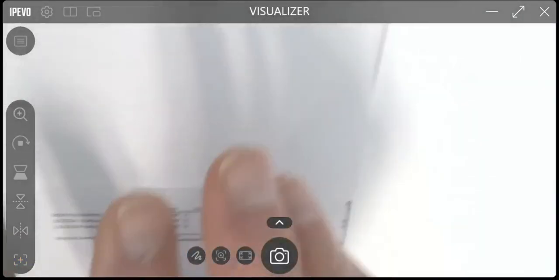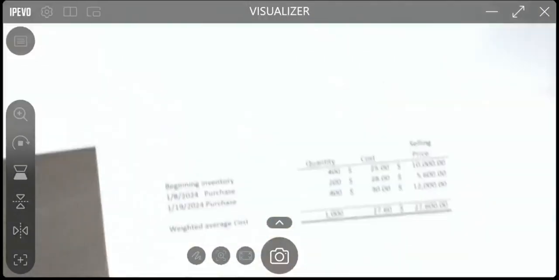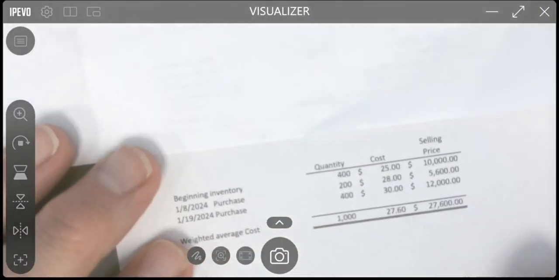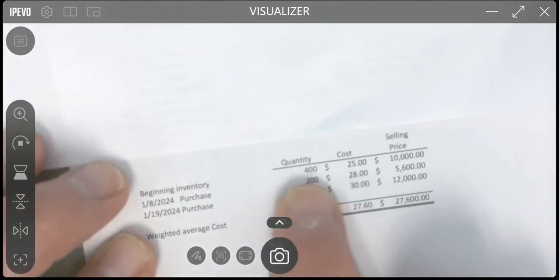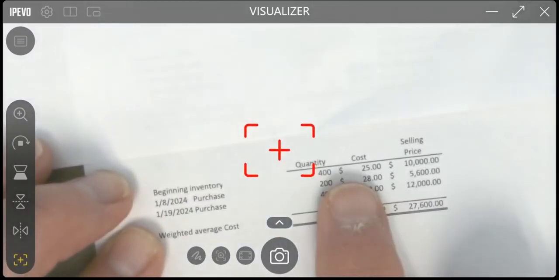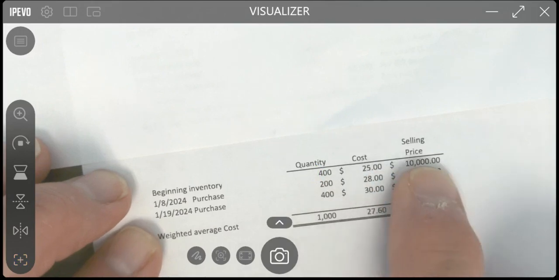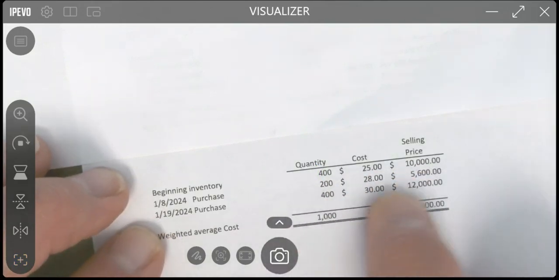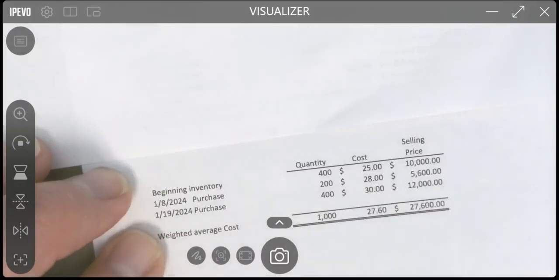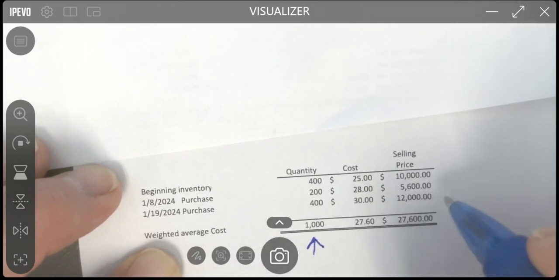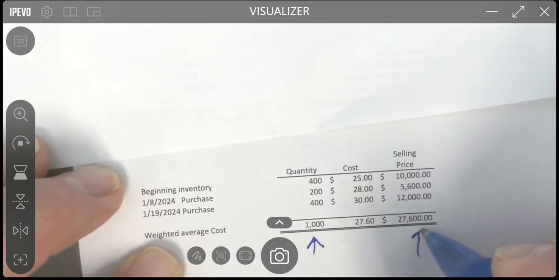And so here's the table. There's our beginning inventory, 400 at 25, our January 8th purchase, our January 19th purchase. So the available for sale is 1,000. The cost of goods available for sale is 27,600.